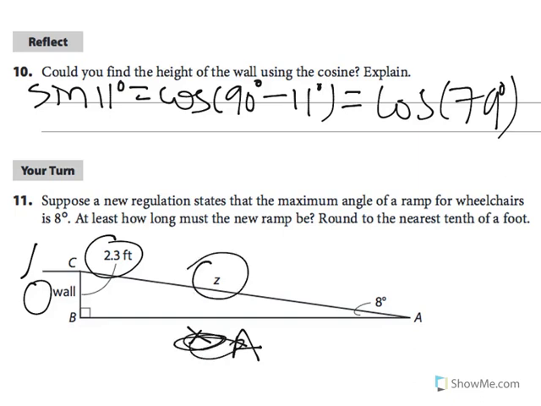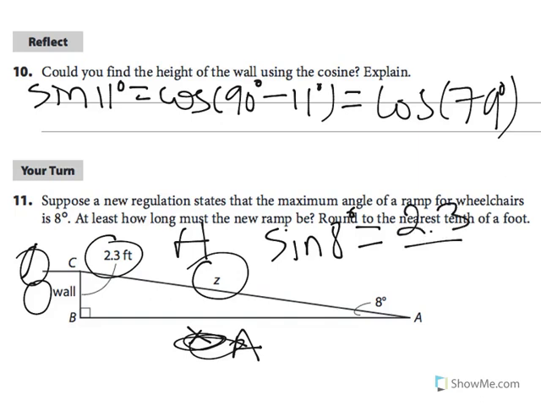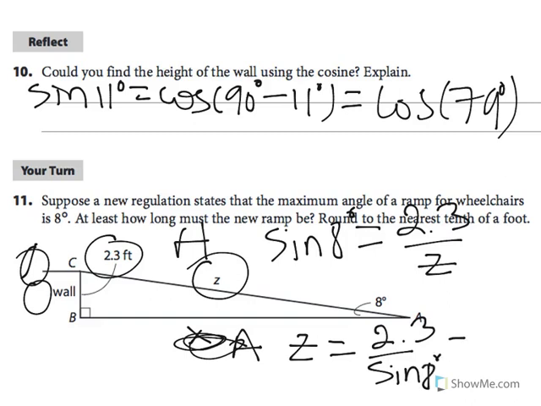So then we have opposite and hypotenuse, so we can use sine. So sine of 8 degrees is equal to opposite, which is 2.3, over the ramp. That means z is equal to 2.3 over sine of 8 degrees.